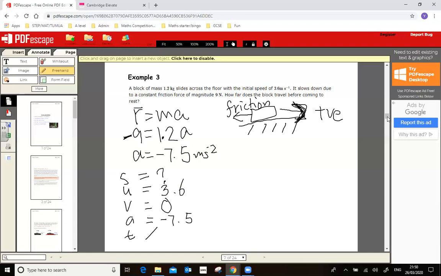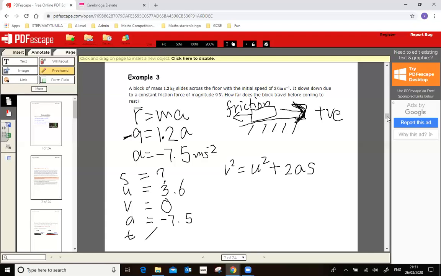So we're looking for a SUVAT equation which involves S, U, V, A but not T. Let's have a look at your formula book and find out which formula you could use. Okay, so I think the formula we're going to use is this formula: V squared equals U squared plus 2AS.